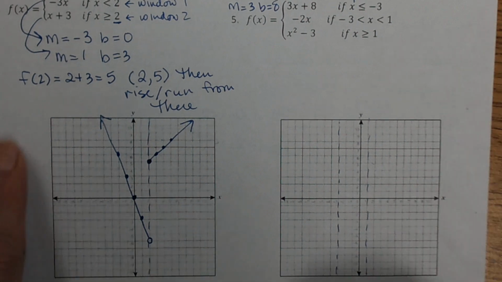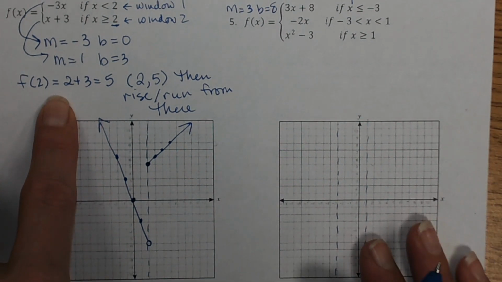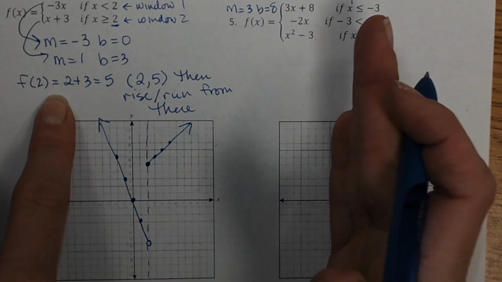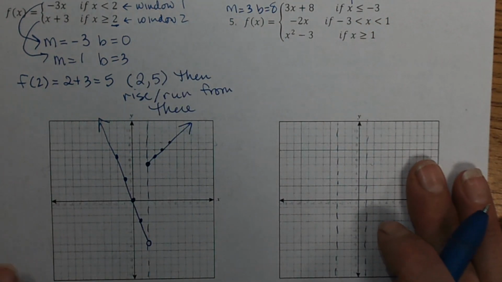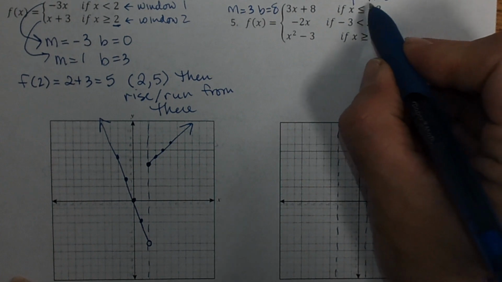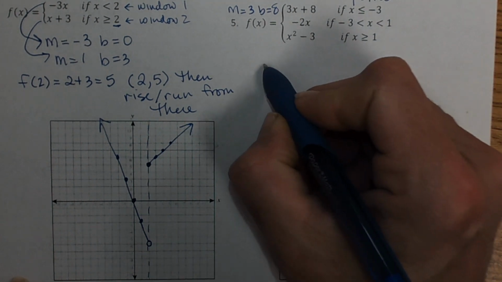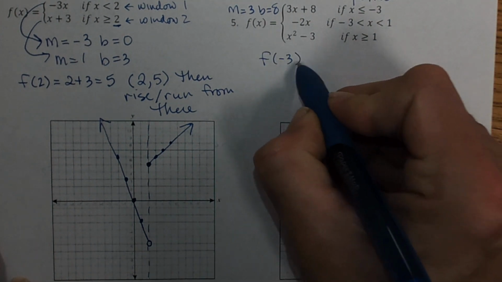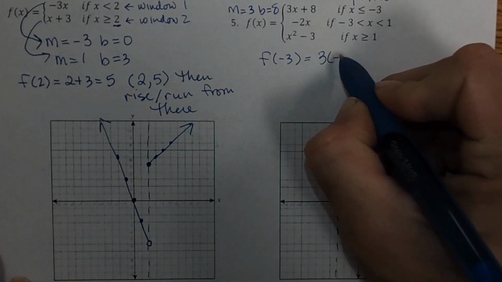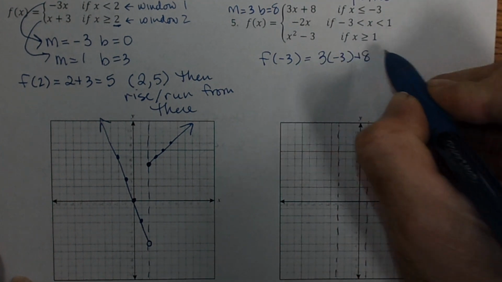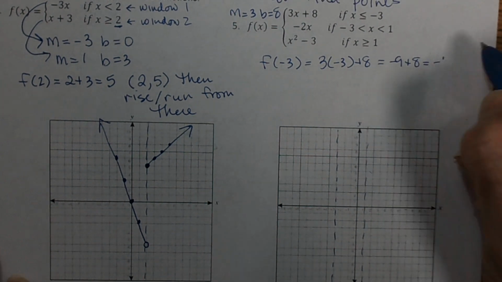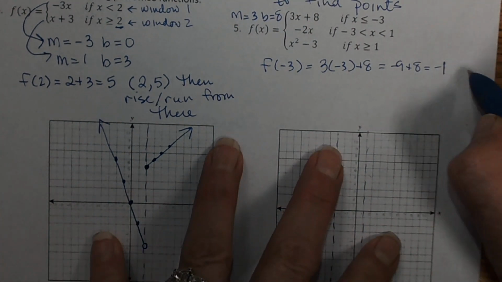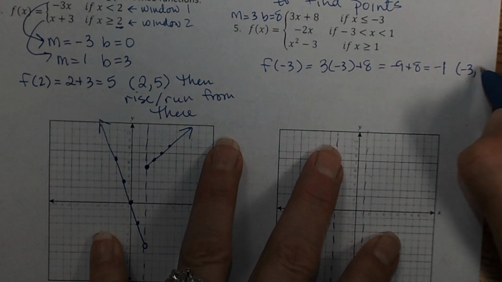So I'm going to do what we did over here, and figure out what the point is that we put there, and then I can just do my slope from there. So I'm going to plug in that -3. So f of -3 is 3 times -3 plus 8. That's -9 plus 8, which is -1. Okay, so this is the point -3, -1.